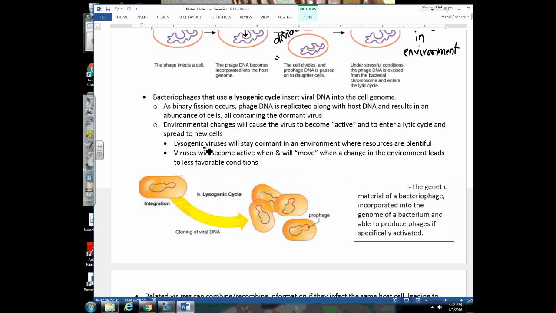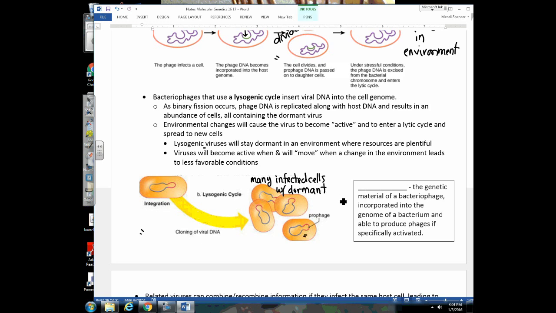I included this diagram down here just to emphasize that in the lysogenic cycle, these cells are going to divide and you're going to end up with many infected cells with dormant viruses in them. That diagram above really didn't show you that you get a bunch of these cells that are infected and have these viruses that can become active.